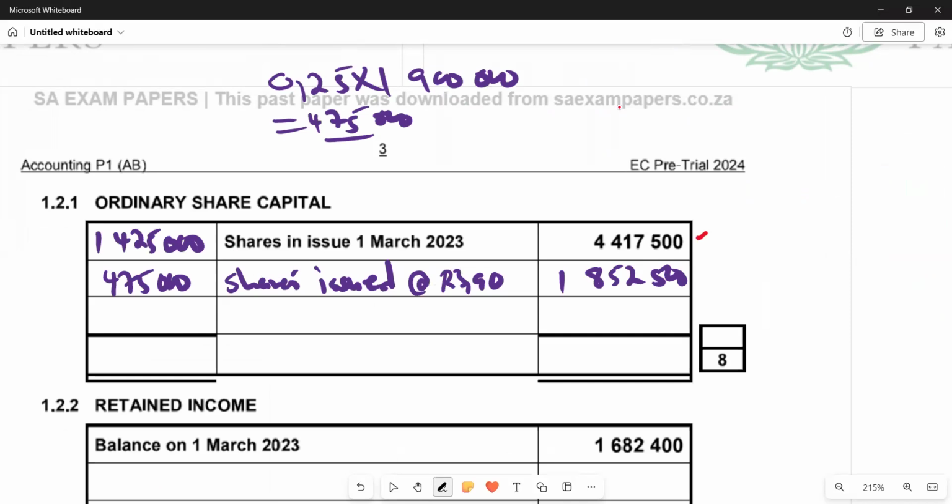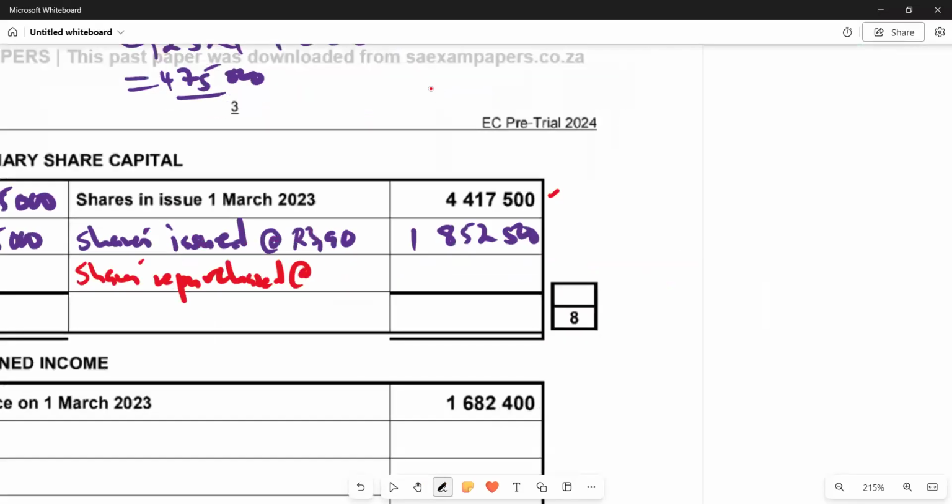So here we are saying shares repurchased. Now we are going to put the value, the average share price is the value that we are going to use for repurchase. So calculation of value of repurchase, we are going to say 4 million is our numerator, 4,470,500 plus 1,852,500.